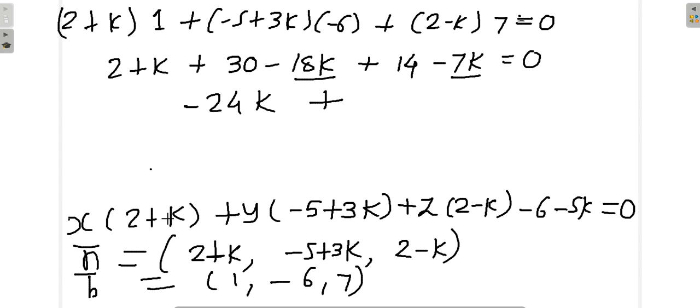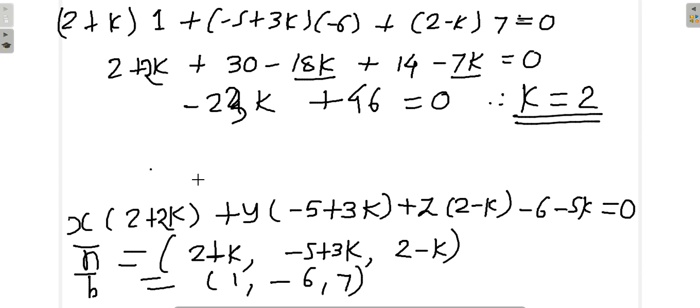This is 2k. So that is 25 minus 23k plus 46, and that gives you k is equal to 2.